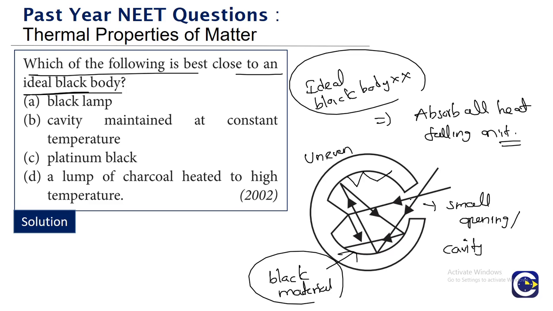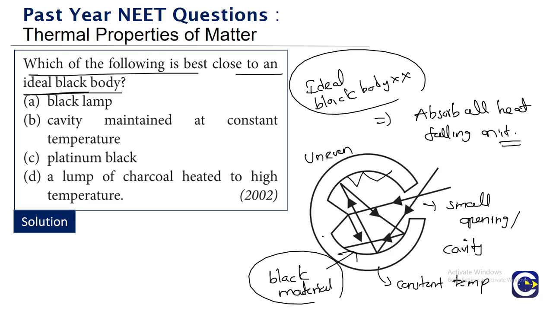So this is what we will consider as close to an ideal black body, and this will be maintained at a constant temperature. So when you look at it, the cavity inside an object, we have to make sure that inside the cavity we have an uneven surface and a material which will be able to absorb the heat better.